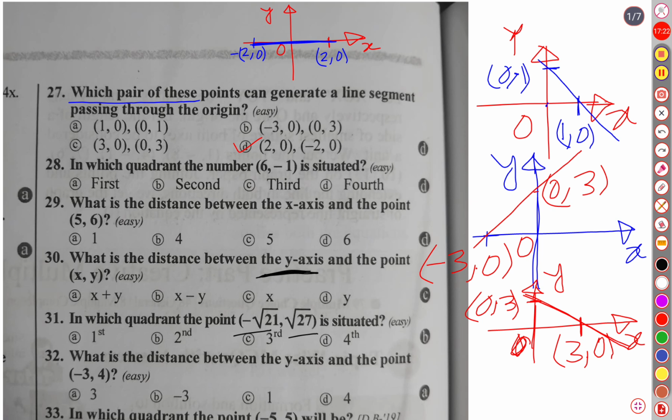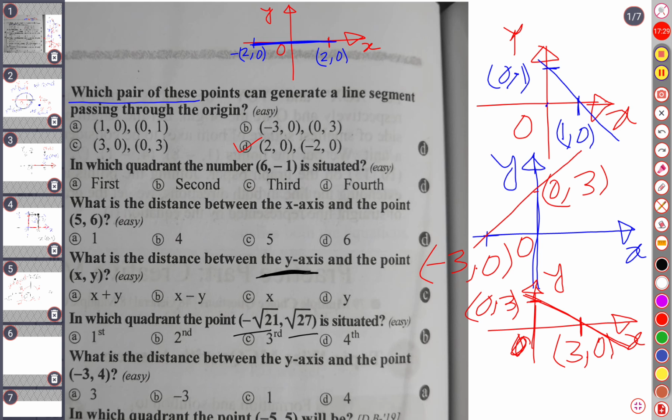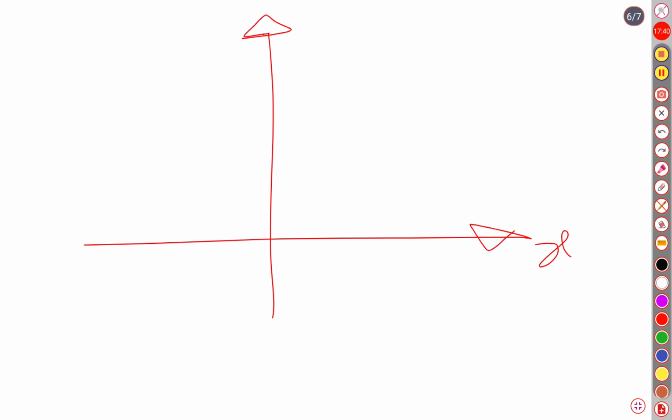After that, question number 30. What is the distance between the y-axis and the point negative 3, 4? Let us take one more page. So this is our x-axis and the y-axis, origin.